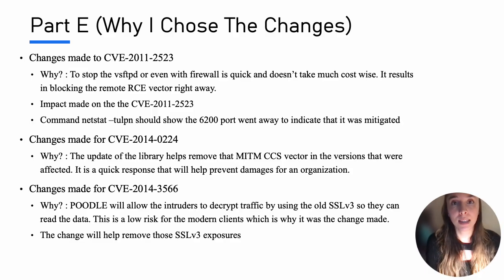Poodle exploits SSL v3 to decrypt traffic, so disabling SSL v3 in the server configuration can remove this exposure. Modern clients already prefer TLS 1.2 or higher, so this change reduces risk with minimal impact on functionality. And lastly, the overall summary is that these targeted changes directly address the three selected vulnerabilities, removing immediate attack vectors and strengthening the overall system security. So that's the overall idea of why I chose those changes.